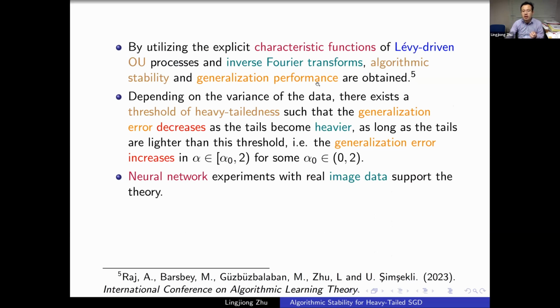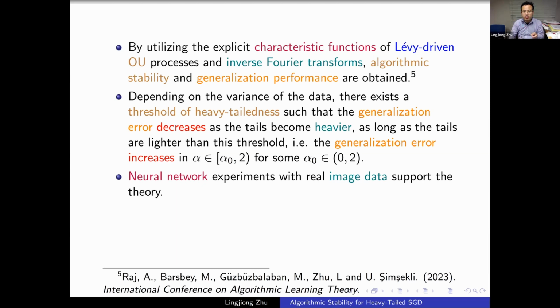And then one can rigorously show that there's a parameter alpha 0, which is kind of a threshold, with alpha 0 less than 2. One can show that the generalization error increases in alpha when alpha is between alpha 0 and 2. So that means in that region, at least, the heavy tail helps to make the generalization error smaller.